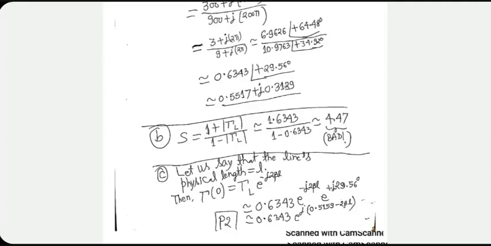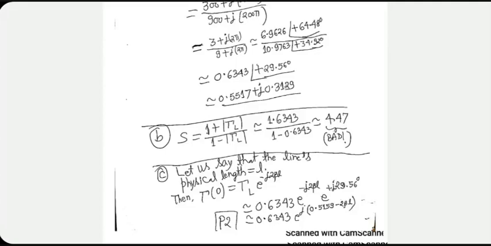Here I put the value of tau L that I got, 0.6343 e to the power minus j2 beta L multiplied by e to the power j 29.56 degree. Whenever I am writing degrees, I am always careful to put a small circle on top. If you don't do that, it would be understood that you mean radians.